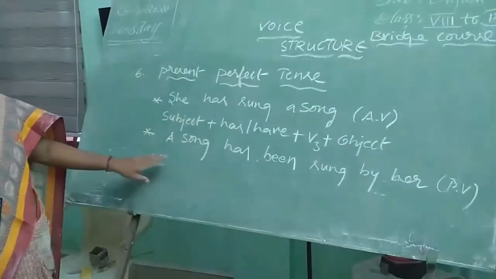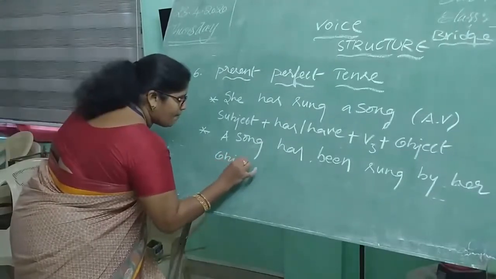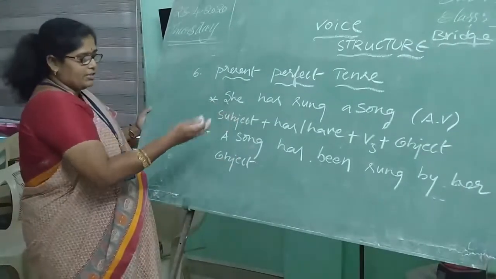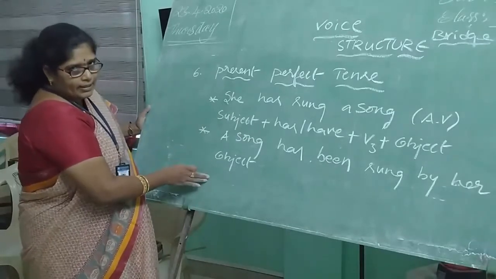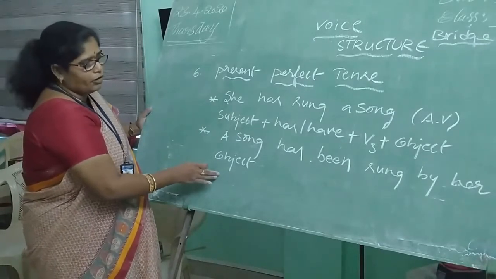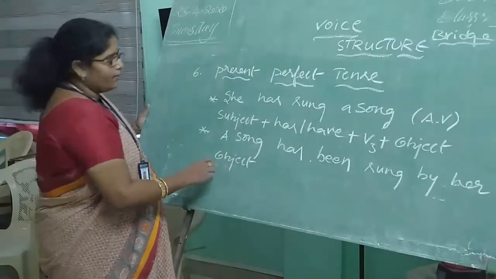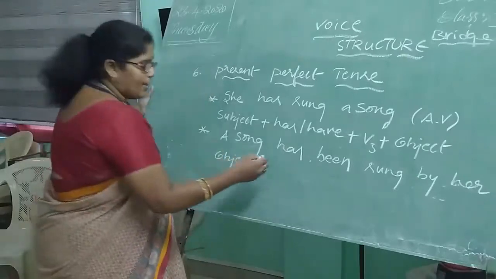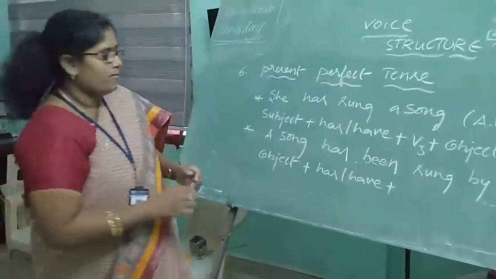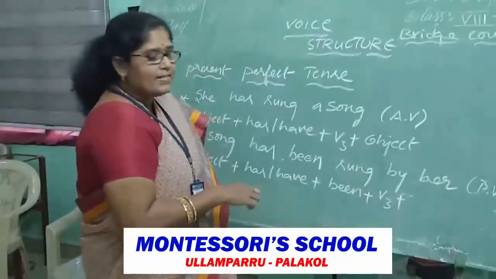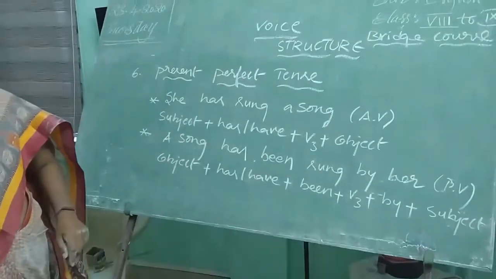So we have changed this sentence into passive voice. The structure is: the object of AV changes into subject here. Instead of object you can write new subject also, but to make it clear I am only using object, children. Object means you must understand that it is the object of AV. Object plus has or have plus been plus V3 plus preposition by plus subject, children.